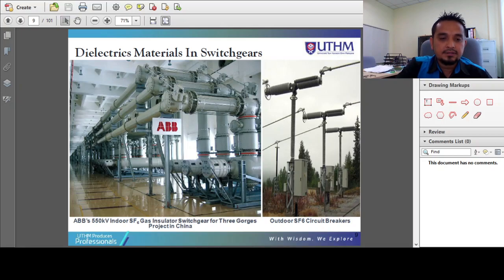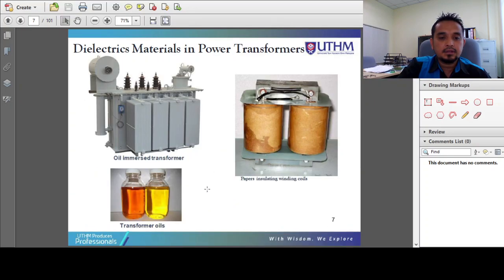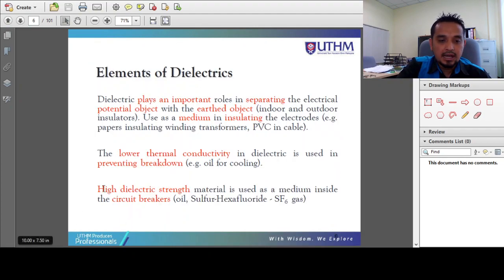In this case, the SF6 is being used for the compact substation, due to the high dielectric strength.